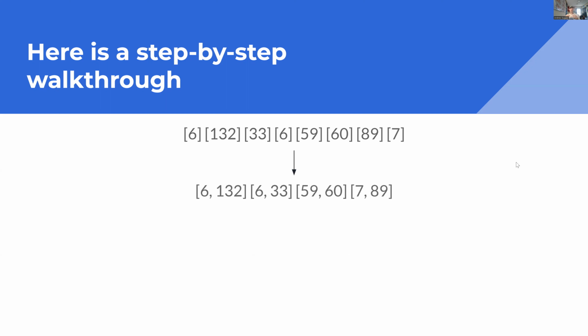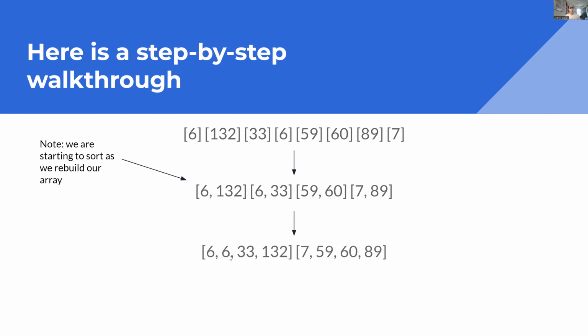Now we want to rebuild it up. We're rebuilding it and merging it together, merging each piece with its neighbor, and that's when the sorting comes in. So 6 and 132 get put together. 33 and 6 get put as 6 and 33, because now we're actually starting to sort as we merge. Then 59 and 60, then 7 and 89.